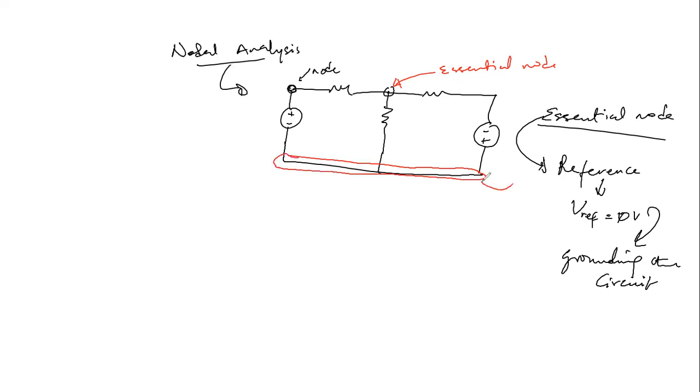And some choices are better than others. Should we decide to pick any reference node? Well, as my own rule of thumb, you want to select a reference node that shares some relationship with the voltage sources. And in this case, this makes a proper choice.